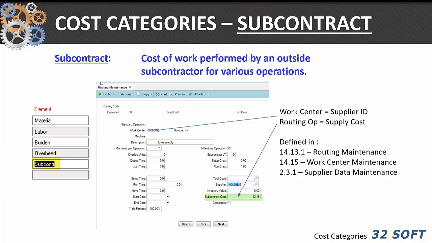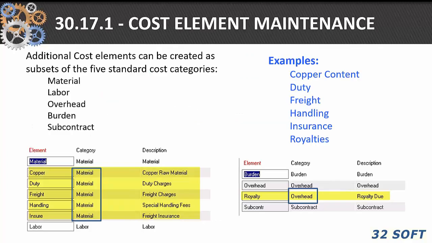So we define that in the routing maintenance. We normally make the work center equal to our supplier ID, and then in the routing maintenance 14.13.1, we add in the supplier costs, and that then gets rolled up.